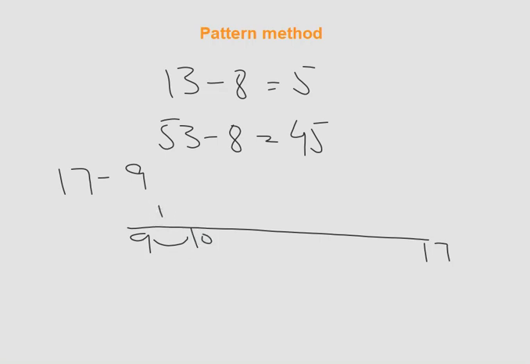The difference here is 1. Between 10 and 17, the difference is 7. Now add these two, 1 plus 7, and it becomes 8. So 17 minus 9 is equal to 8. This is an easy method to subtract numbers.